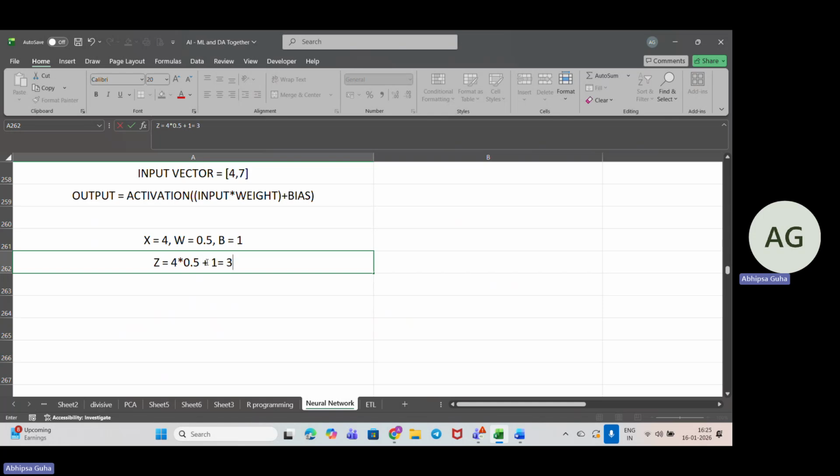Now my output is max(0, 3), so we get 3 because 3 is positive and there is no negative value. Here we are applying the ReLU activation function.